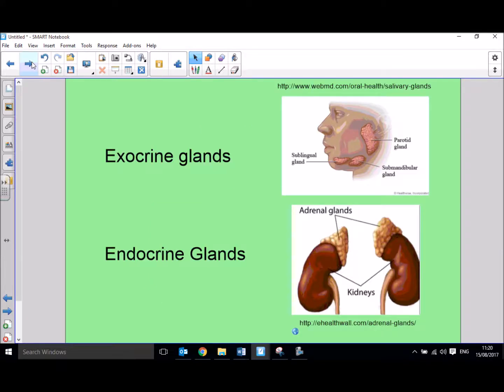And glands can be categorised in a number of different ways, but the predominant ones that we talk about are exocrine glands or endocrine glands. And there's a very clear and simple distinction between the two. So exocrine glands produce secretions which travel along a duct and then empty out into a space. And in doing so, they get their secretions out and into the rest of the body.